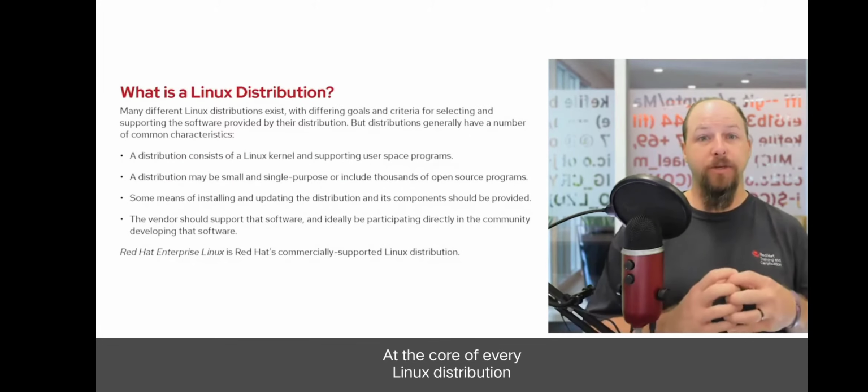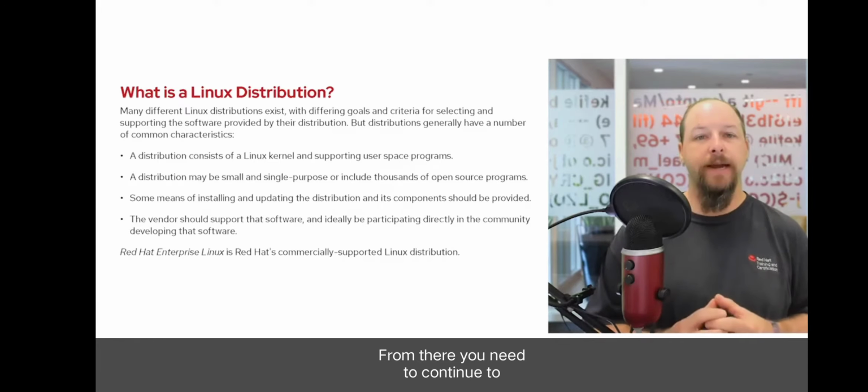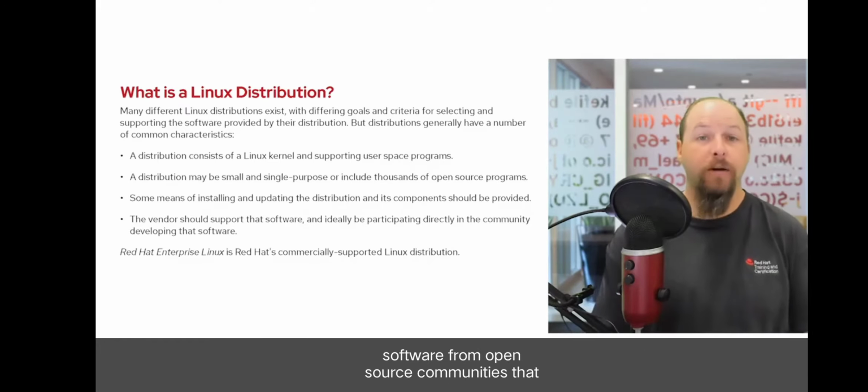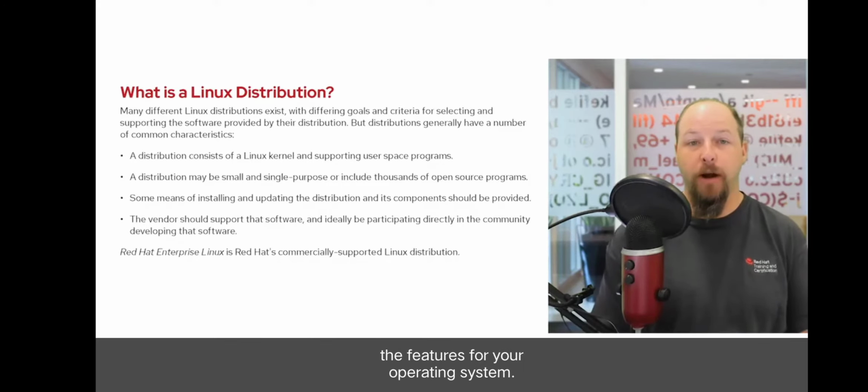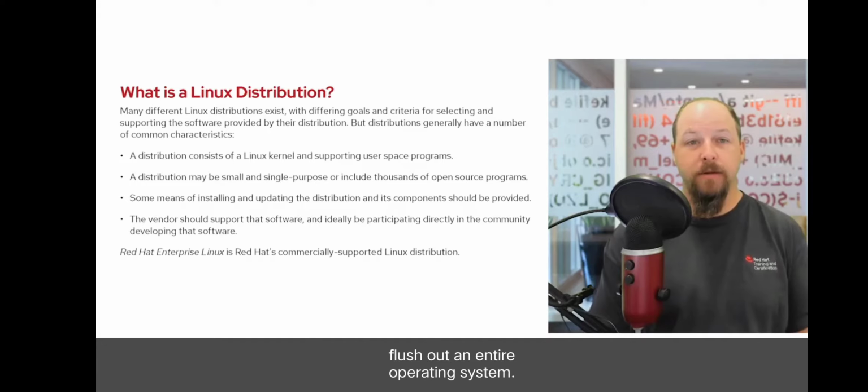So at the core of every Linux distribution is the kernel to get started. From there, you need to continue to layer on other technologies, software from open source communities that build out the rest of the features for your operating system. Building out a Linux distribution can include any number of pieces of open source software to flesh out an entire operating system.